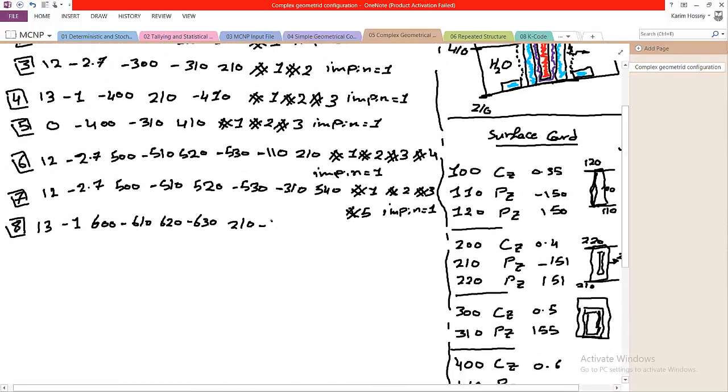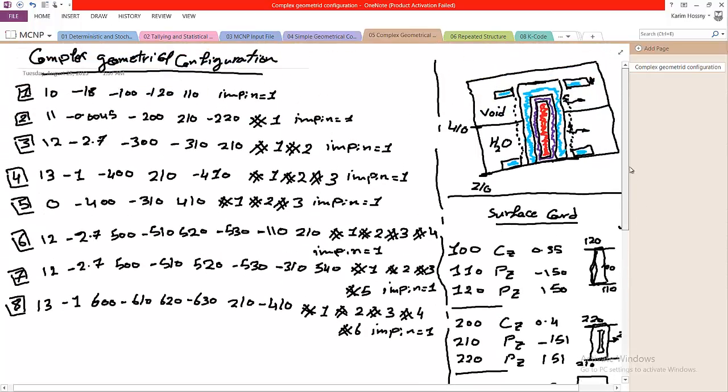Negative direction of the plane 410, excluding cells 1, 2, 3, 4, and 6. Importance of neutron equals 1. After that, therefore, this is cell 8.